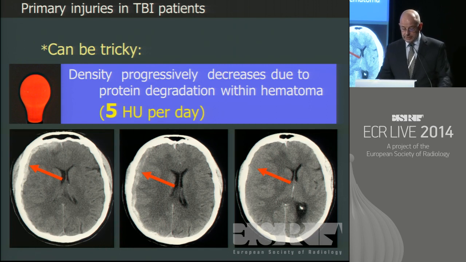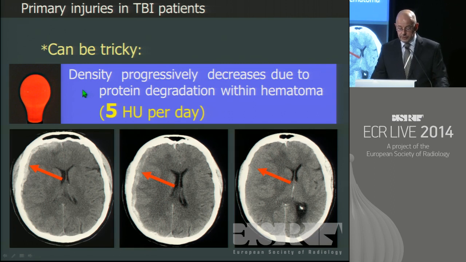Look at the first image, on the first day after the accident, this is a hyperdense area on the right side. After 4 days, the hematoma is slightly more isodense, and it is completely isodense on the 10th day. Why is it so?